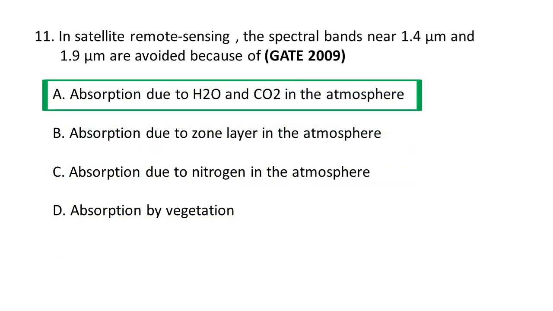So the correct option is A, absorption due to H2O and CO2 in the atmosphere. The molecular absorption bands of water and carbon dioxide cause deep absorption features in two bands near 1.4 micrometers and 1.9 micrometers, and they block the transmission of radiation. So that's why these spectral regions are avoided for remote sensing of the Earth's surface.